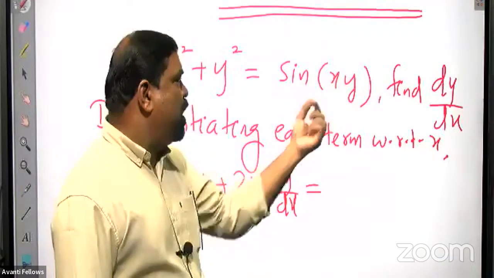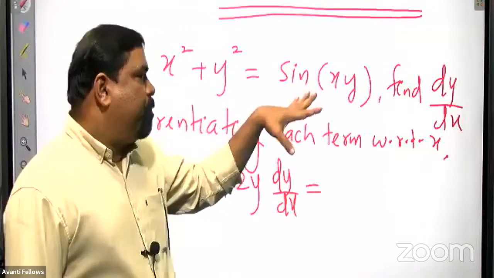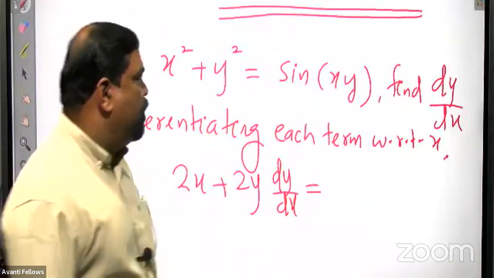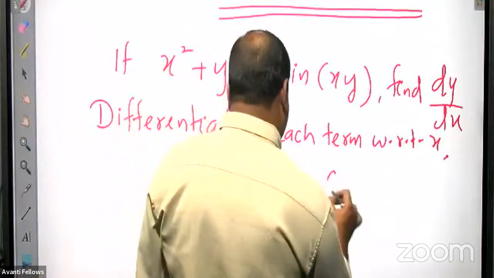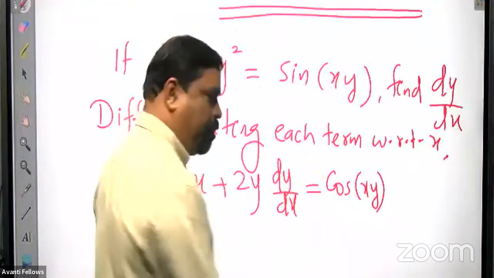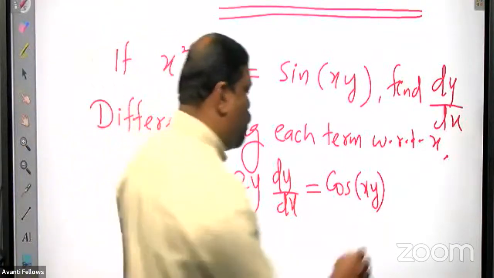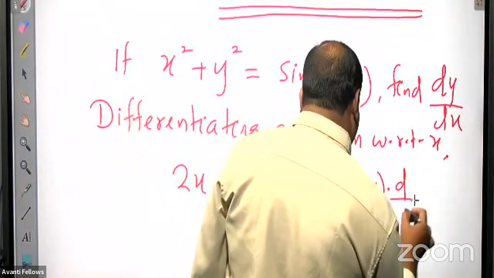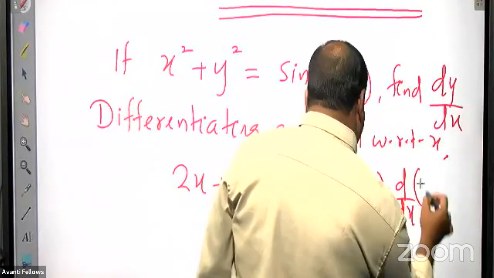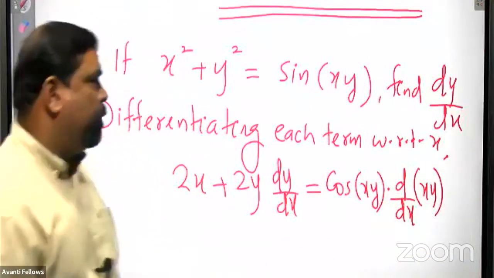Apply the chain rule first. Derivative of sine xy is cos xy, not finished, into derivative of xy, d by dx of xy.